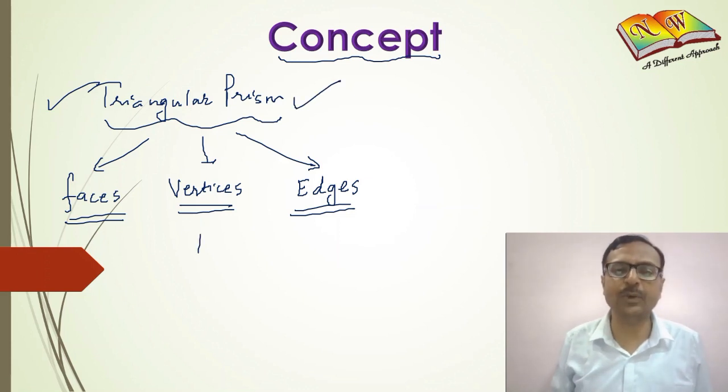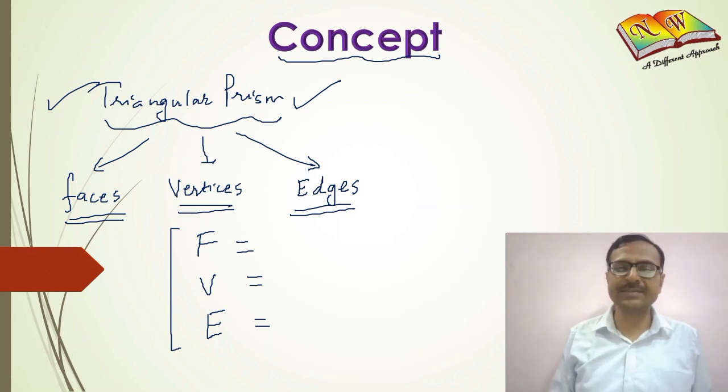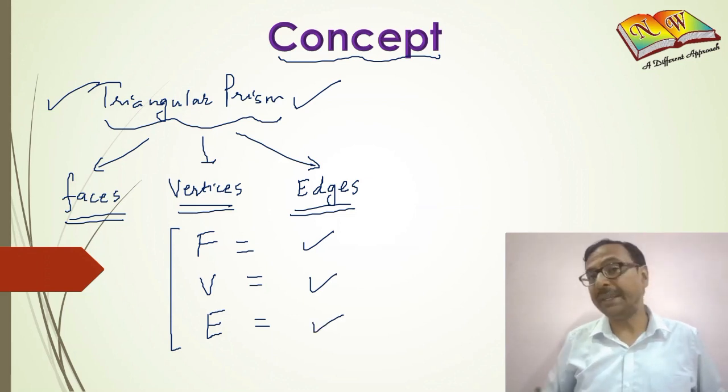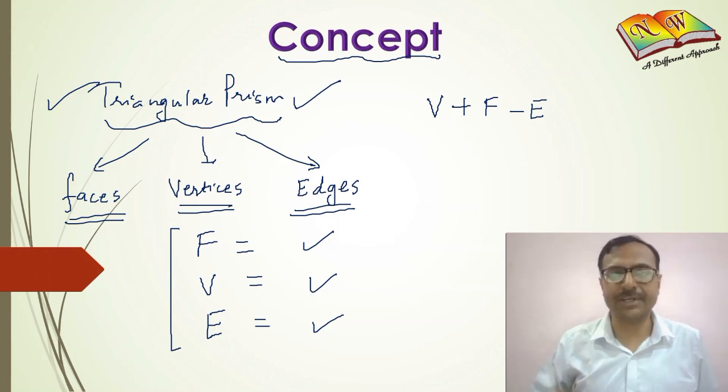So you have a value of F, a value of V, and a value of E for each type of 3D solid. There is a formula which relates the values of F, V and E for every polyhedron. V plus F minus E will always be a constant.